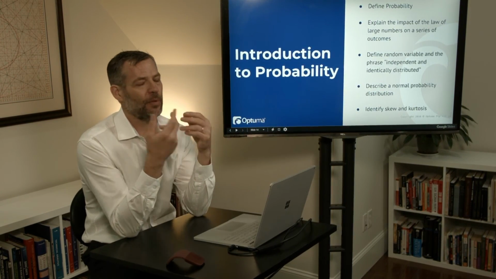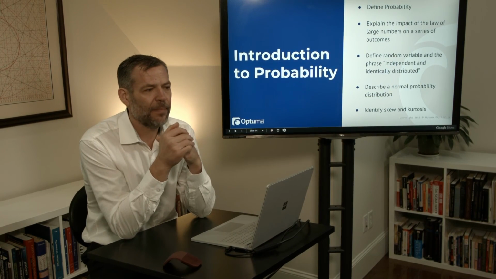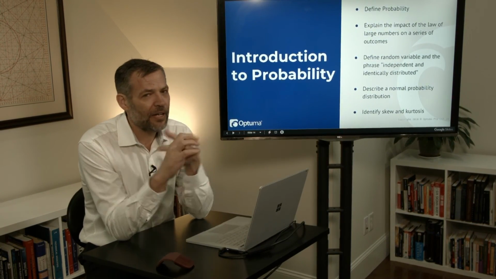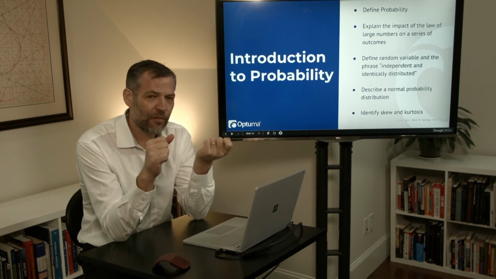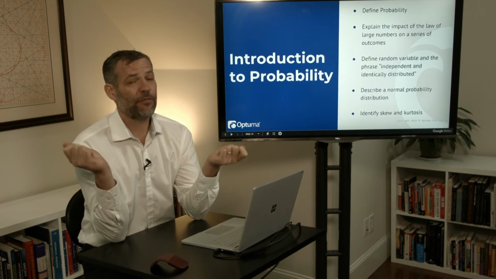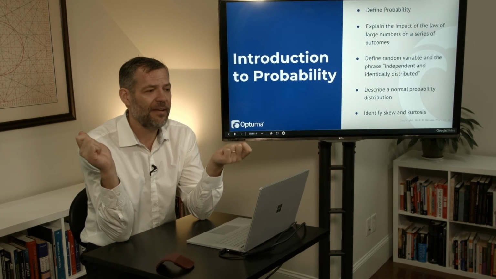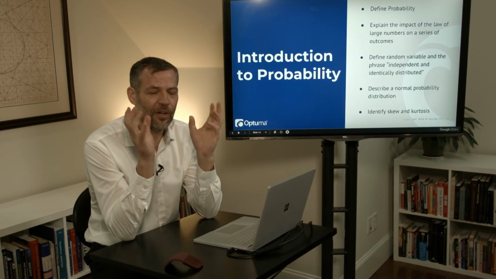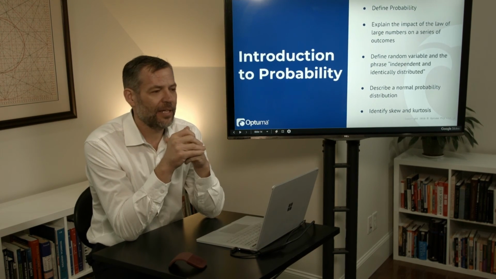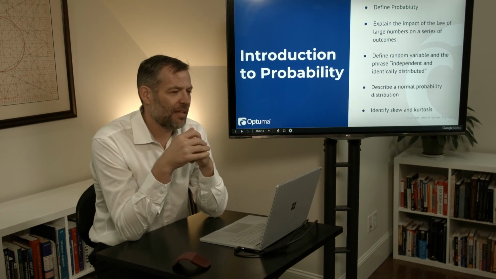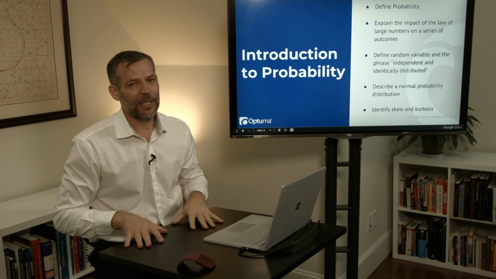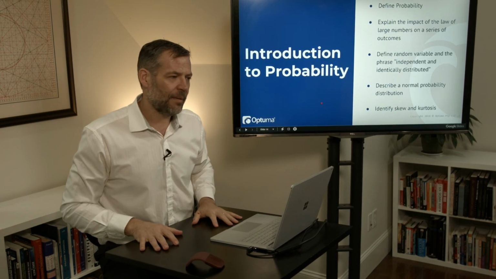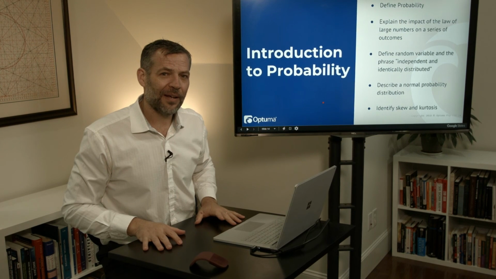The random variable is just that probability number. Independent, identically distributed: independence means our next result is not affected by the results we just had. Identically distributed means that each time we go in, we have the same probabilities for each of those tests. Normal probability, skewness and kurtosis: make sure you understand those as well.